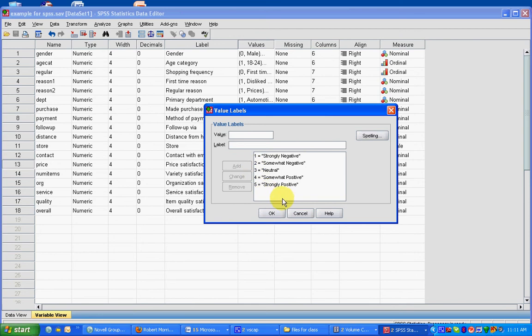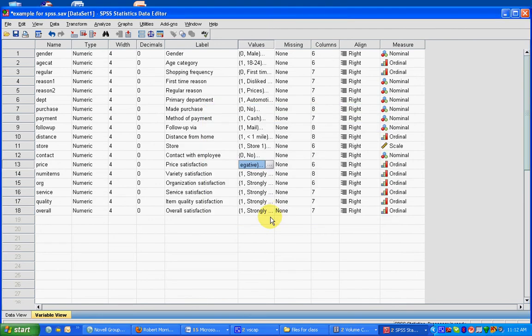Note, there are all levels of a continuum of satisfaction, from strongly negative to strongly positive. There are 5 different intervals, hence the name of the data. You can have a 1 to 7 scale, a 1 to 10 scale, a 1 to 11 scale.